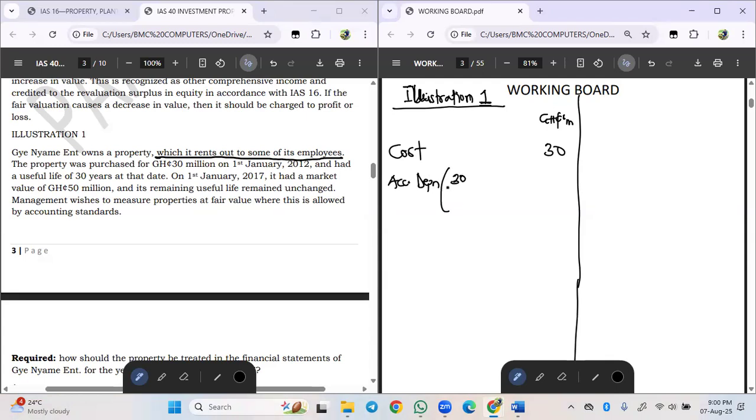Now, 30 million divided by... so we are saying that the property was purchased for 30 million on 1st January 2012. The market value here, which can be a revaluation, was on 1st January 2017. So from 1st January 2012 to 1st January 2017 is how many years?